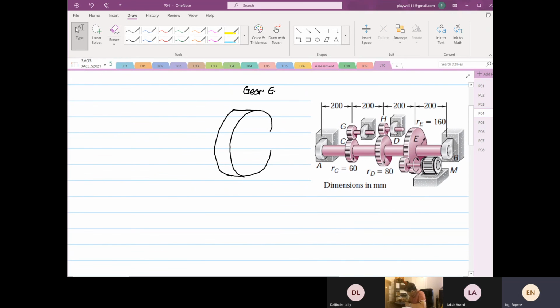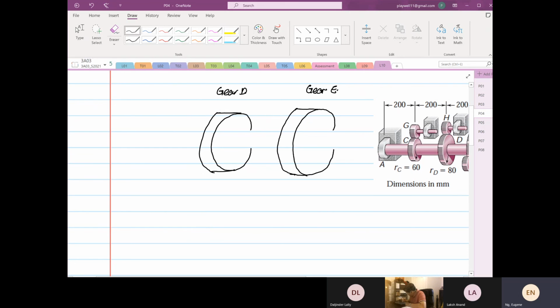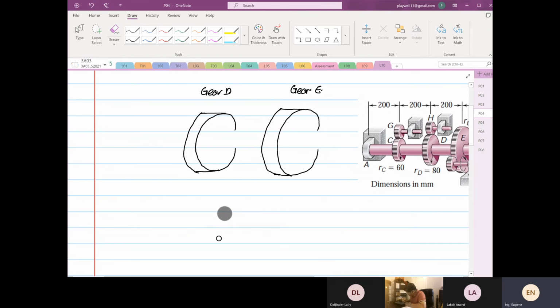Then we have our gear D, and the last one is our gear C. Gear C is smaller. All of them are attached to a shaft.